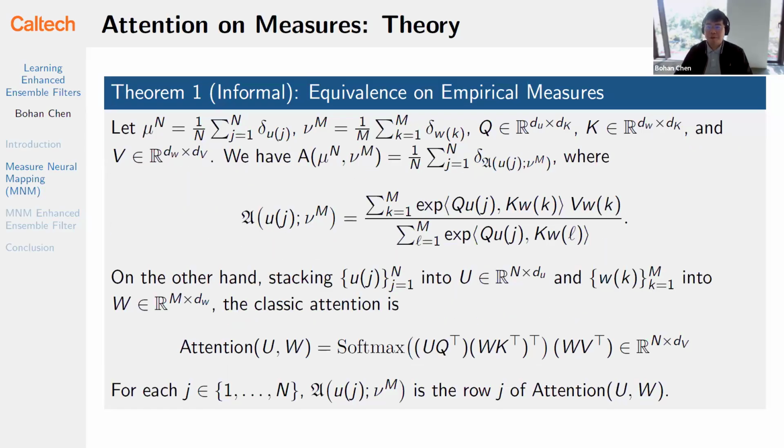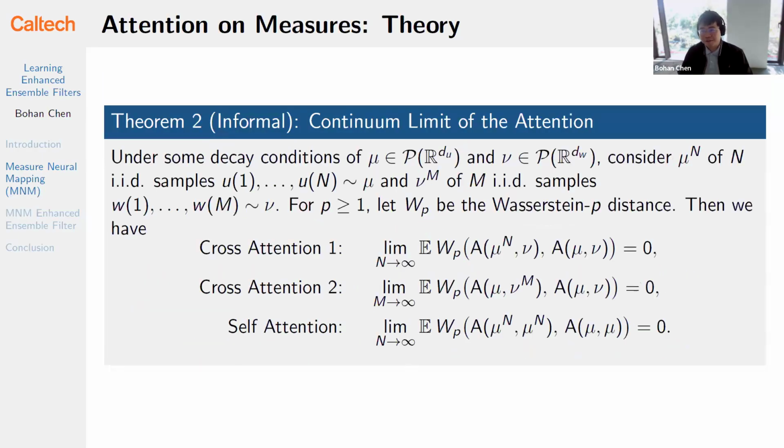From this theorem 1, we can bridge the classic definition of the attention mechanism to this measure-based attention mechanism, so that we can study this measure version of the attention. The second theorem I just proved last month, and I'm still writing the paper.